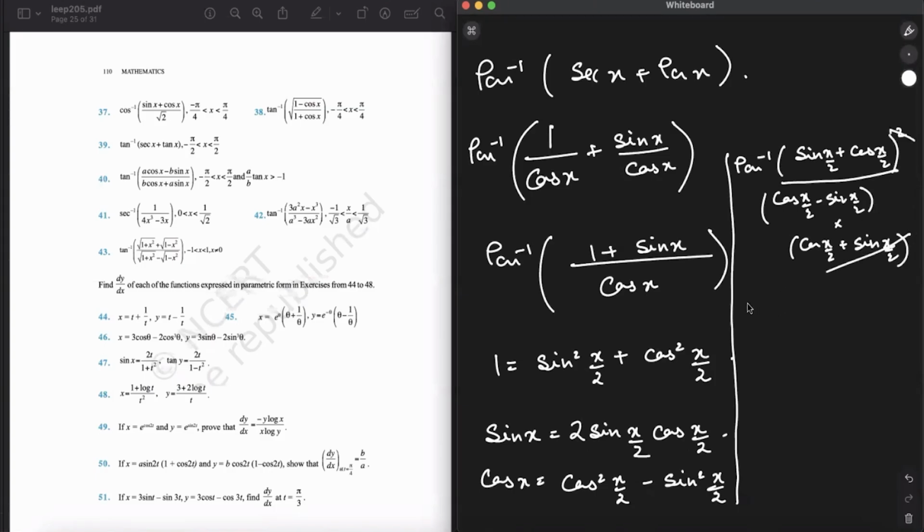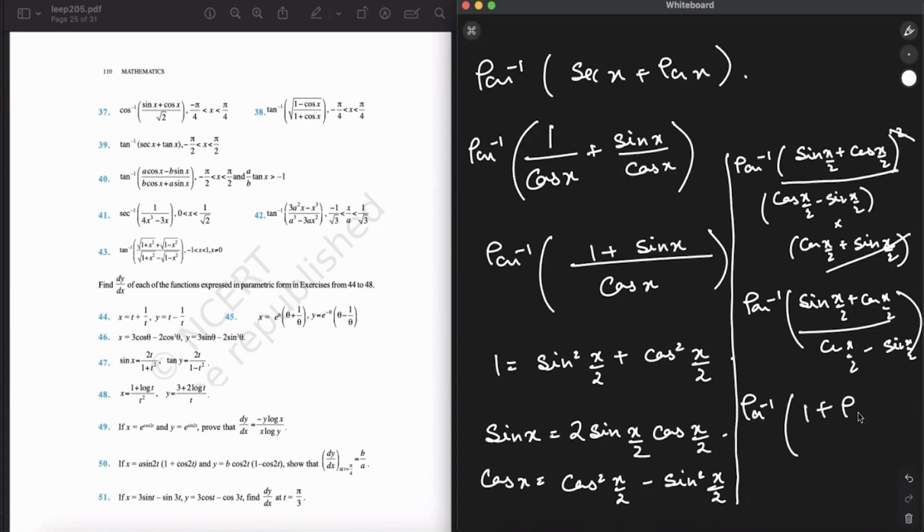Alright, tan inverse. If I divide the whole term by cos x by 2, what will we get? I'll get 1 plus tan x by 2 and 1 minus tan x by 2.